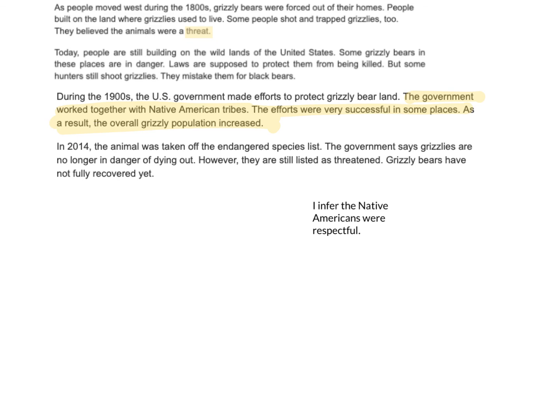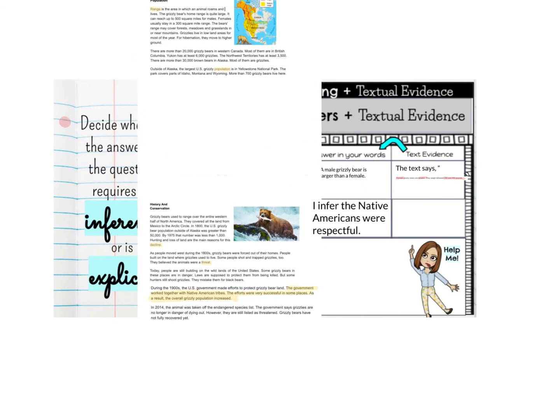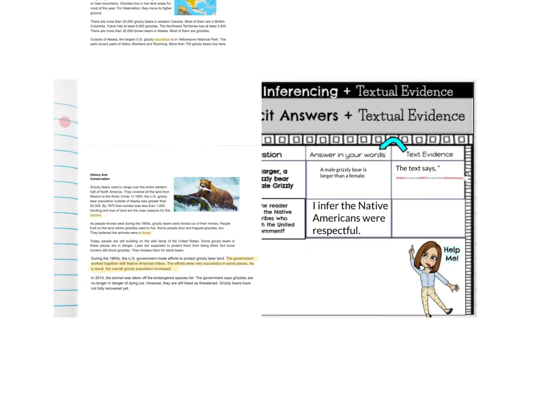Please notice, as we're thinking about what growing readers do, I'm now going to prove my answer with that same sentence starter. So in this class, we say the text says, and then we prove it straight from the text. I'm thinking about the strongest text evidence. The text says, and now I'm going back to the text.